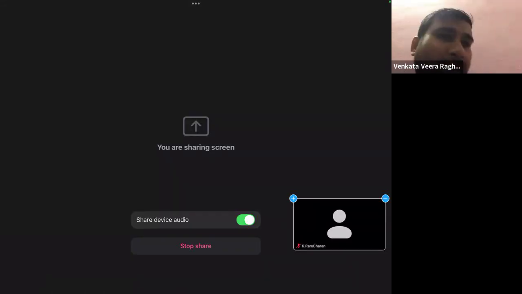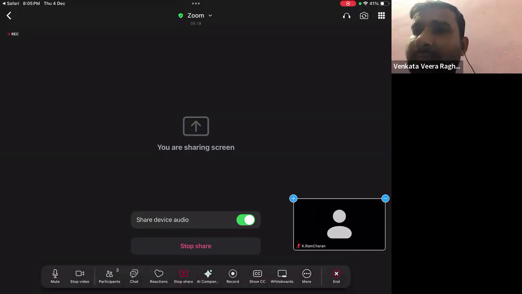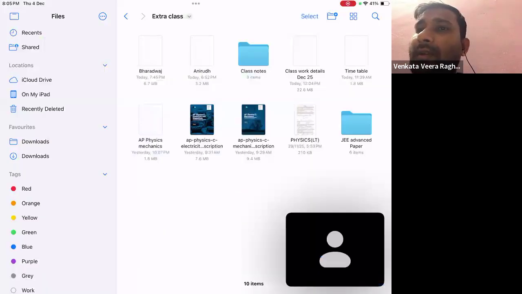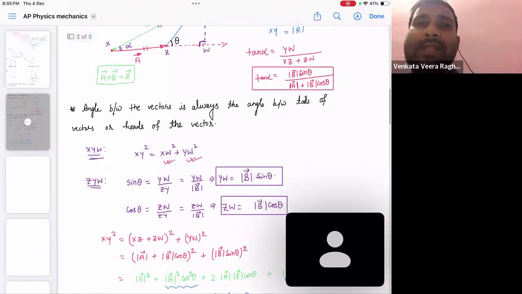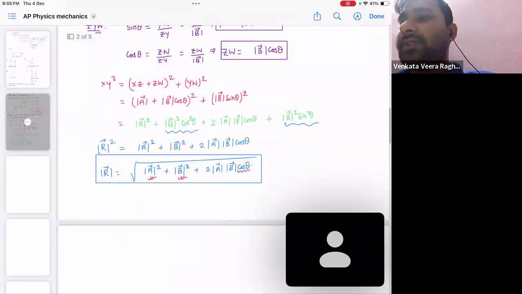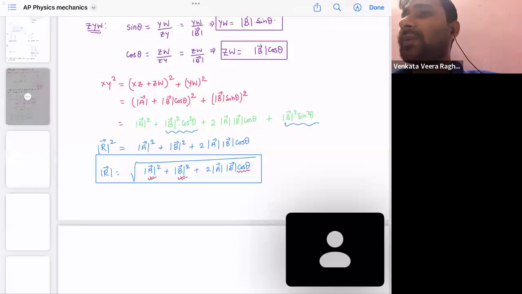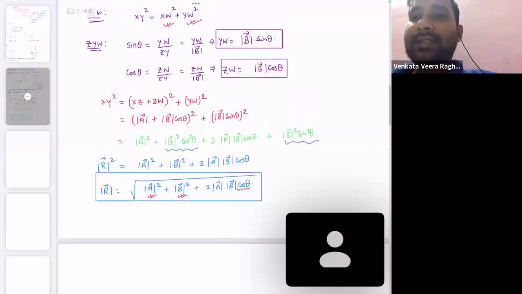Okay, let's continue now. So what we discussed till now, tell me, this is the resultant of the two vectors, isn't it? How do we calculate the resultant of the two vectors?